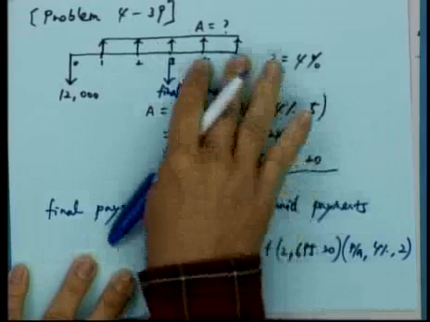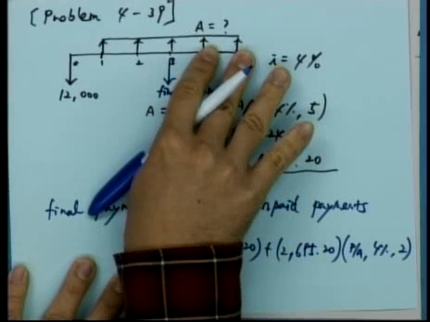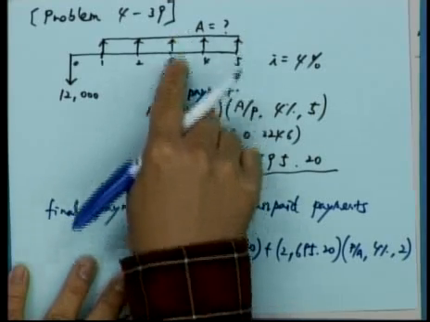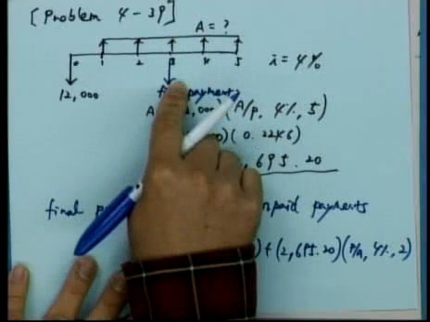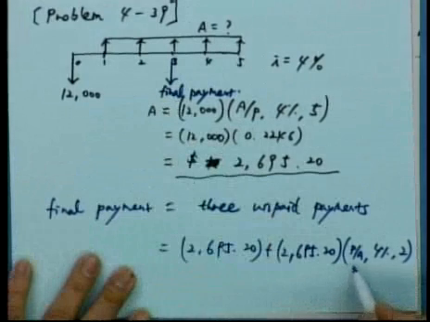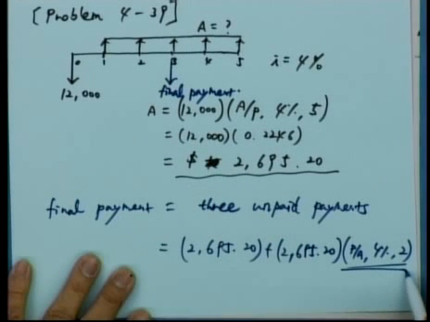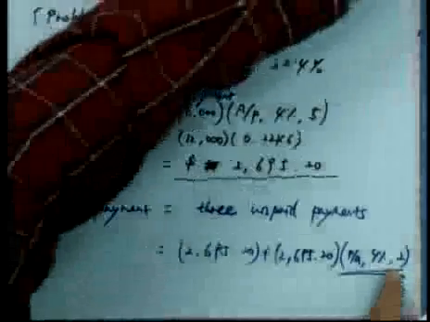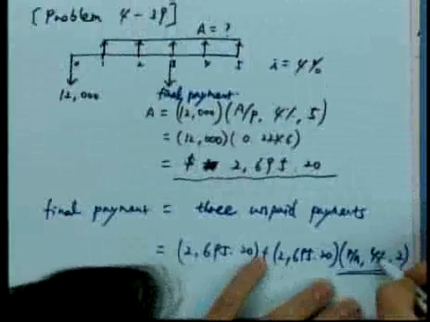You need to convert this uniform series to the equivalent present worth at period 3, right? So that's why you need to multiply by this factor. Then how much is that? 4%.